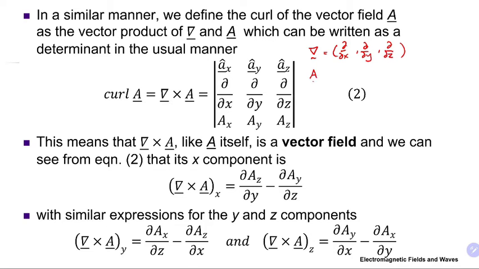and then your A. I hope by now you should know that writing it this way, what I'm actually writing is A x in the x direction, A y in the y direction, A z in the z direction.